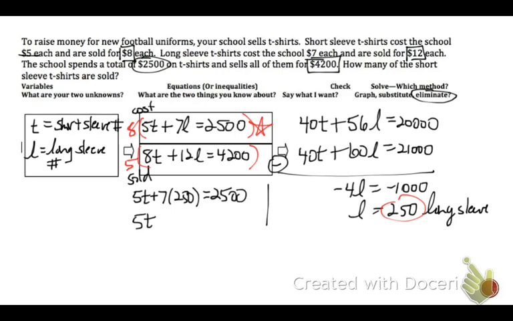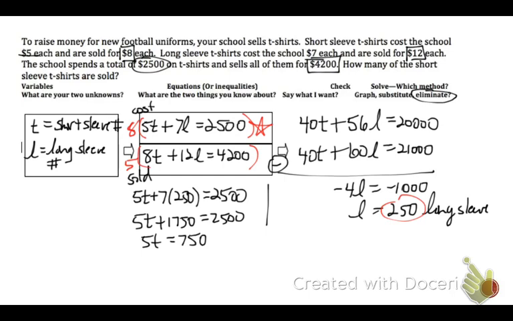So we'll just take 250 times 7, which gives us 1,750, and then subtract that from 2,500. So 5t equals 750. And then one more step, just divide by 5.